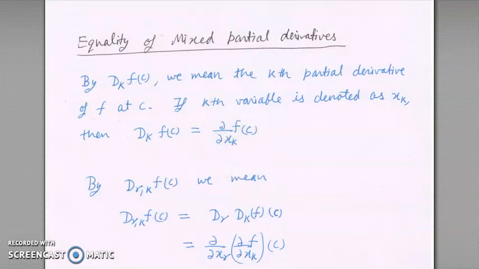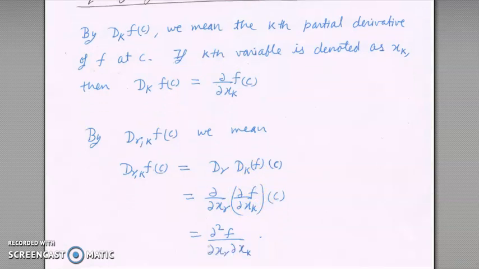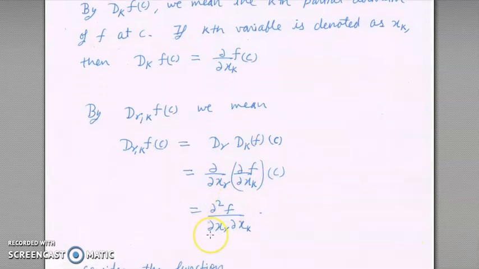Now a higher order or mixed partial derivative is Drk f(c). By Drk f(c) we mean first apply Dk on f and then apply Dr, and determine its value at the point c. So this is del upon del xr of del upon del xk of f, which simply can be written as del 2 f upon del xr del xk, evaluated at the point c.